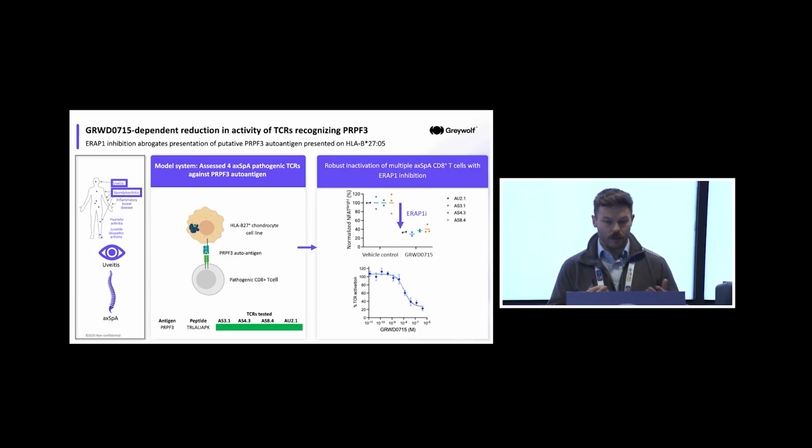So this is, again, just to reiterate, this is 14-mer into the ER, under normal functional conditions, is cleaved by ERAP to produce that mature 9-mer autoantigen, obviously then cross-reacts with T cells, and then you inhibit that process and you get no presentation at the cell surface, and you can ablate this T cell response. And not only can we do that, we can do that in a dose-dependent manner as well. So the graph on the bottom here just shows that we can do a titration of our drug and get a really nice dose response.